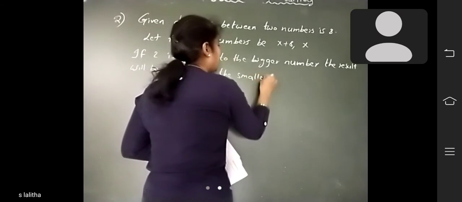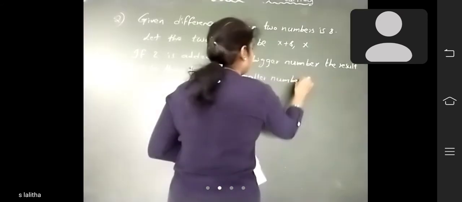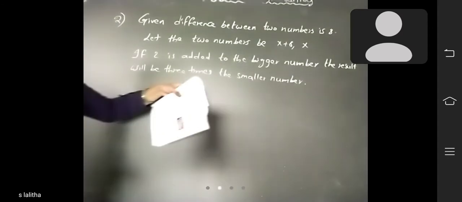If 2 is added to the bigger number, then the result will be 3 times the smaller number.